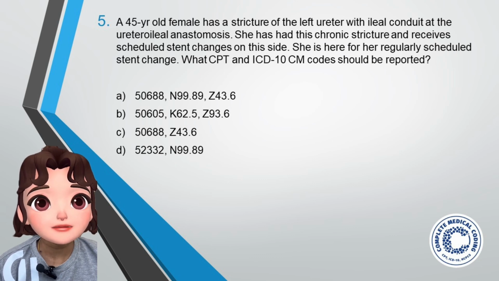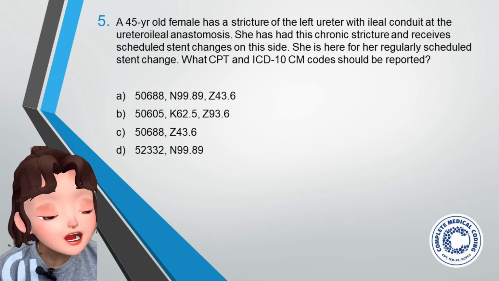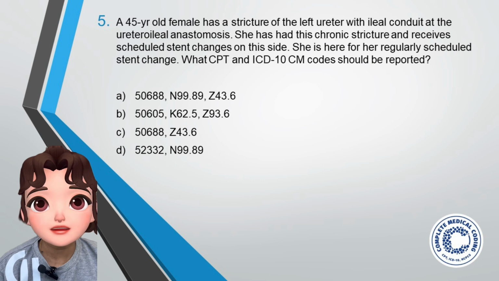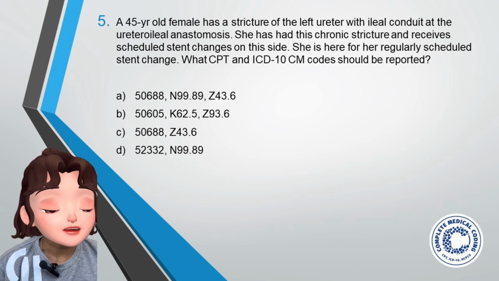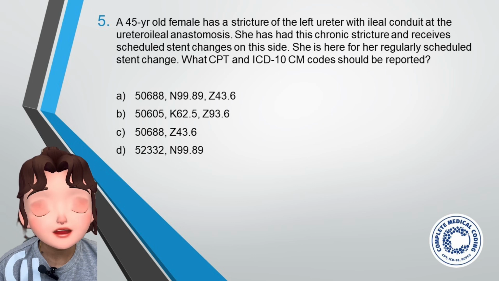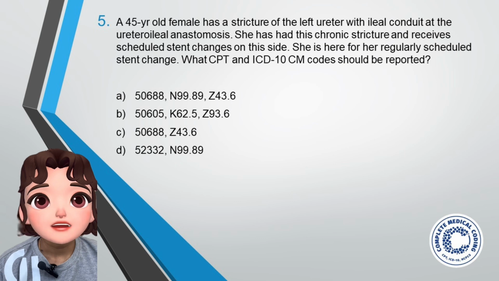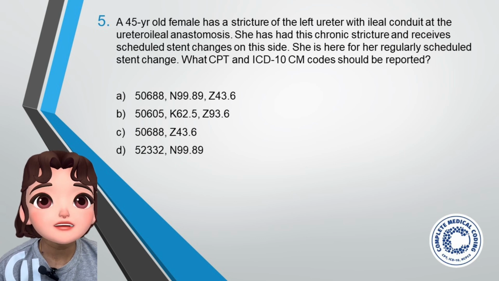What is N99.89? Go to the ICD book. N99.89 represents other post-procedural complications and disorders of genitourinary system. No, this is not post-procedural. It's not mentioned about any post-procedural complications. Anyway, let's look into the other code.